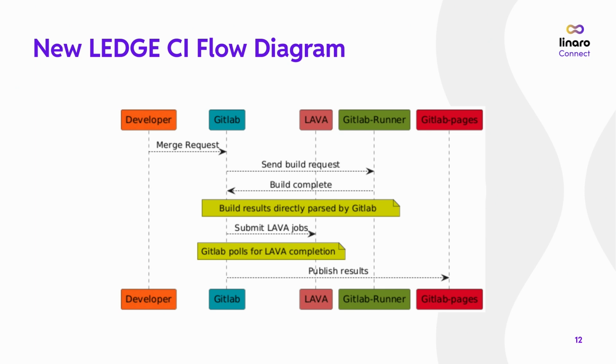After submitting the test to Lava, it starts polling Lava, waiting for the test to finish, and then finishes by publishing the result to the GitLab page, which is also something new we added.